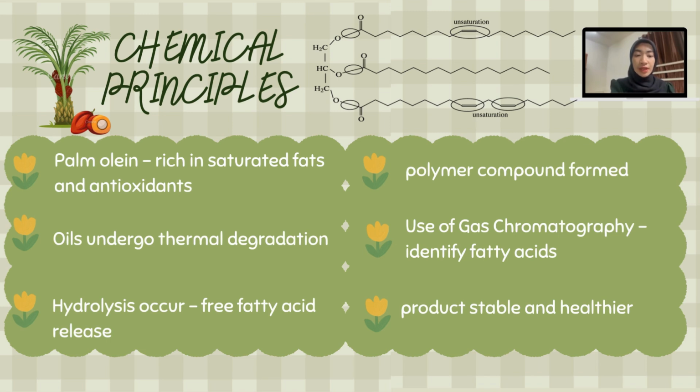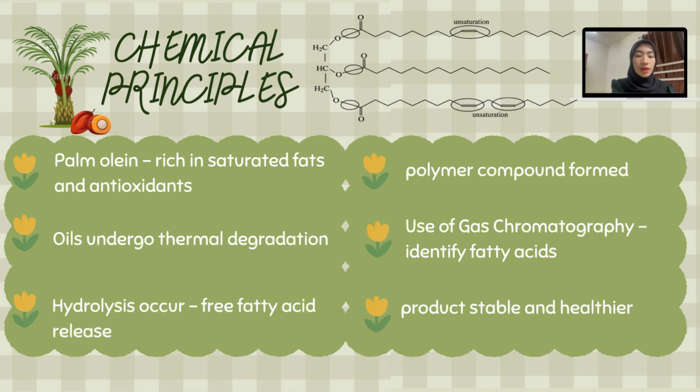During frying, oils undergo thermal degradation. Oxidation leads to the formation of primary products such as peroxides and secondary products such as aldehydes and ketones. Hydrolysis also occurs due to the presence of water, leading to free fatty acids.